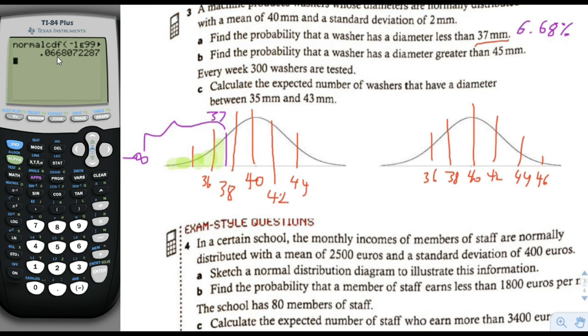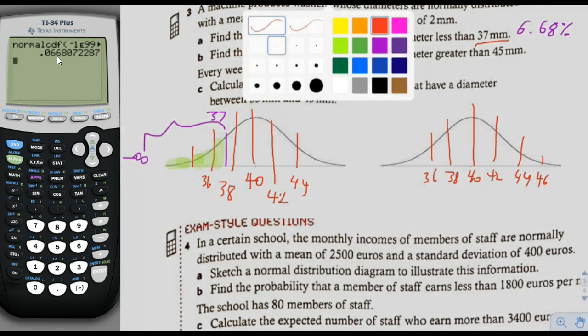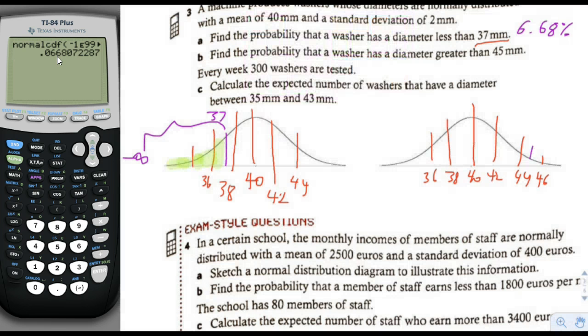So greater than 45. So that would be here to the right, right? It would be this area here. So basically that means we want to know the area between 45 and infinity, positive infinity.